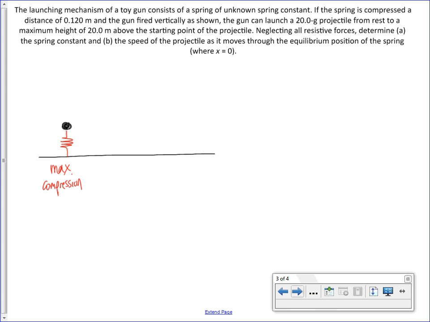We're loaded, and we somehow lock this thing there. Then in the next instant, the spring goes back to natural length, and the ball just loses contact, and is now moving the fastest it's ever going to move.